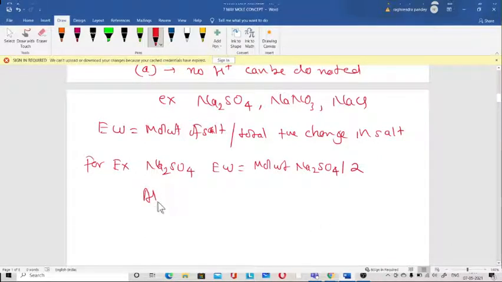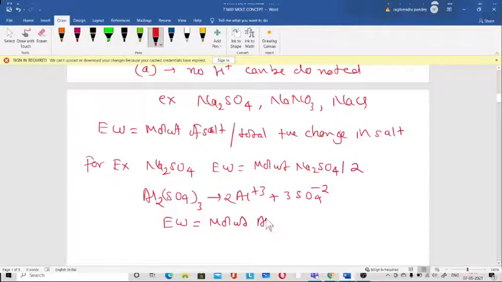For example, now we take aluminium sulfate, Al2(SO4)3. In the dissociation, when we were counting the total number of ions, I told you it dissociates as 2Al3+ plus 3 sulfate ions. So the equivalent weight is the molecular weight of Al2(SO4)3 divided by 6.